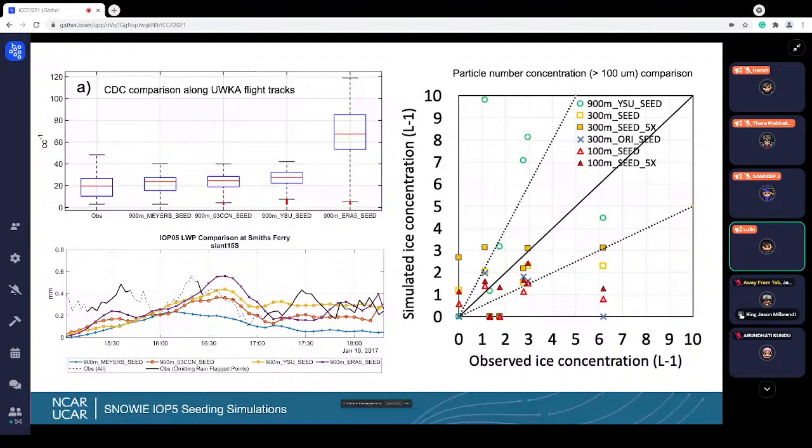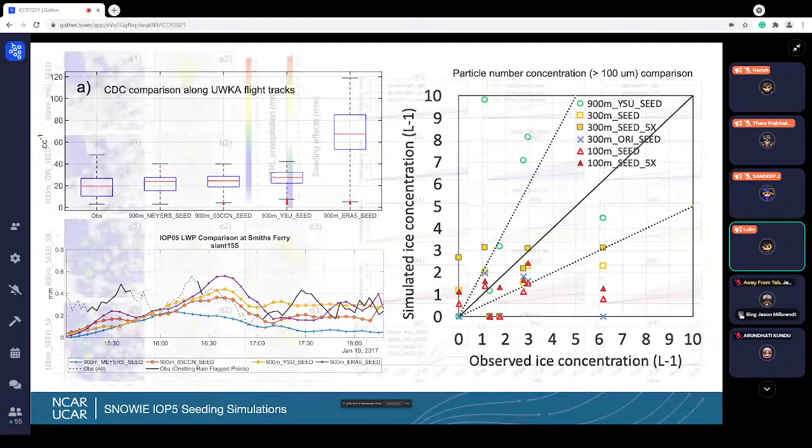And we notice that for 900 meter simulation, the model somewhat overestimates the ice or large particles within the seeding plume. But in the 300 and 100 meter, we're in a better ballpark within the factor of 2, that most of the concentration of large particles are within this range of uncertainties, so that we have better confidence that the seeding mechanisms actually work, and then agree with the observation.